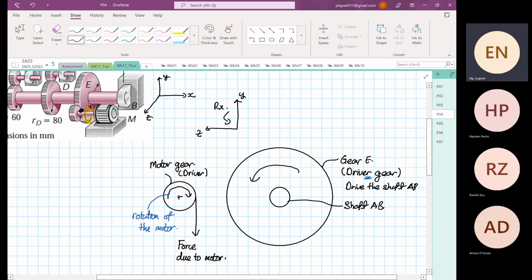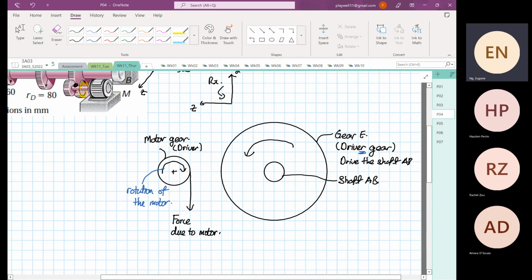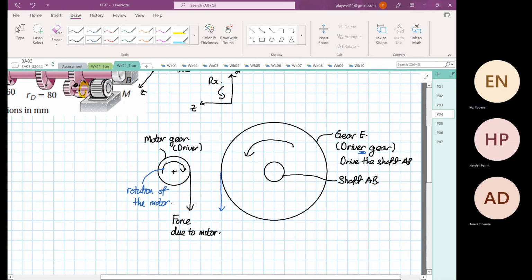Yes, right? And then the force applied is in the same direction of the motor. So this is the direction. I'll change color. This is the direction of gear E, right? So this is gear E in the Y direction.